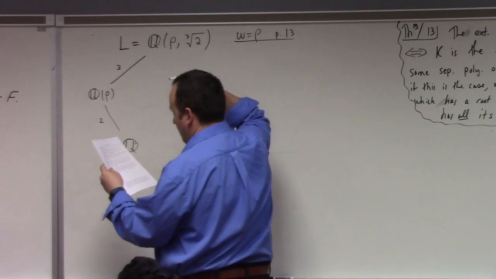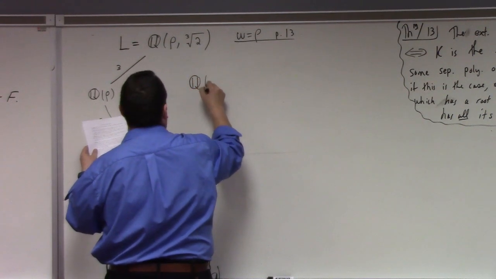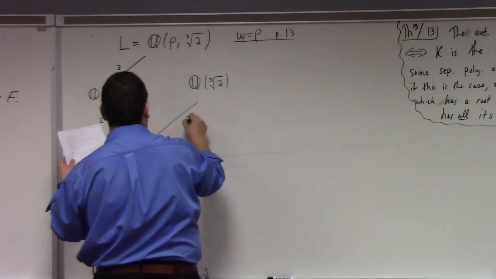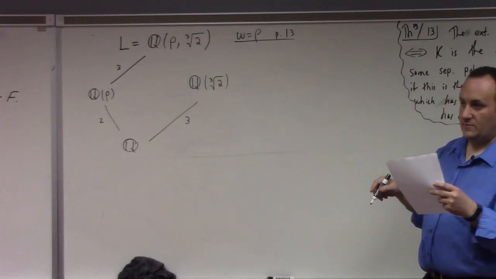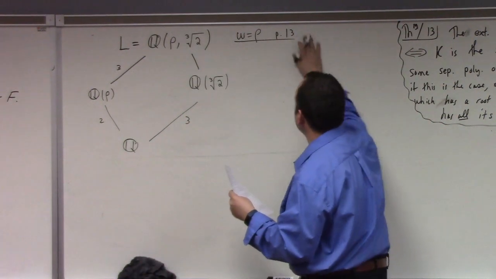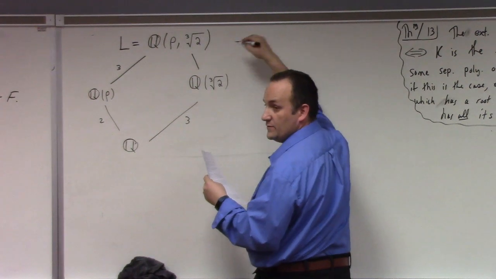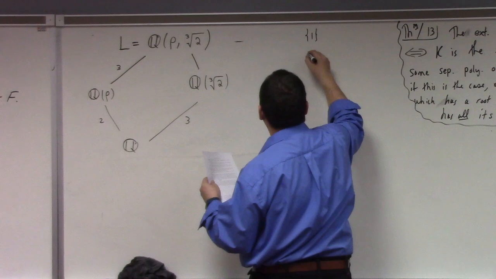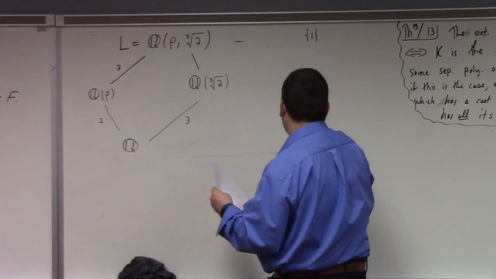And anyway, there's also a Q adjoin the cube root of 2 field over here, right? We were just talking about how that is degree 3 over Q, and it's not Galois. But there's other things, right? If we do the other way around, what did we say that the Galois group of this was? We worked out last time, remember? G is, what was it?